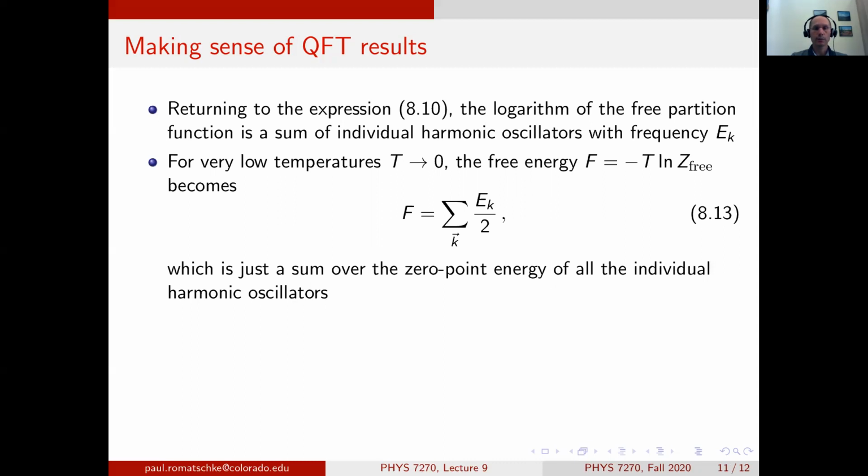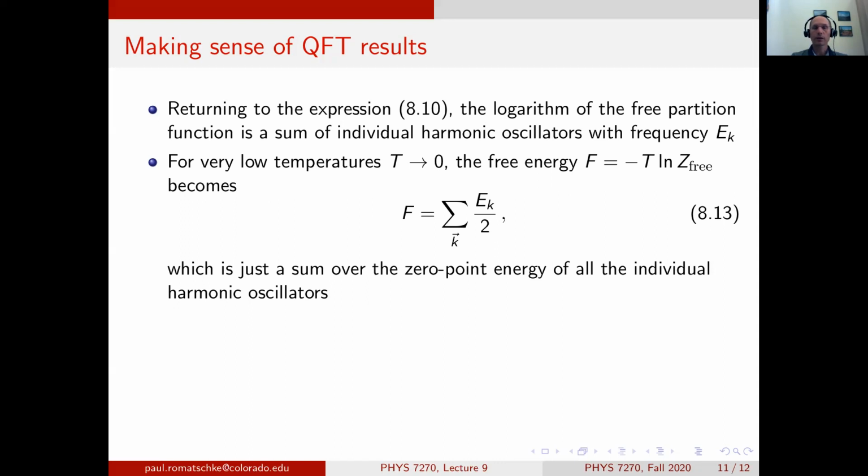For very low temperatures, the free energy, which is just the logarithm of the free partition function times the temperature, becomes a simple expression where we sum over all the wave vectors k of ω_k over 2. Now this is a sum that we've seen before.